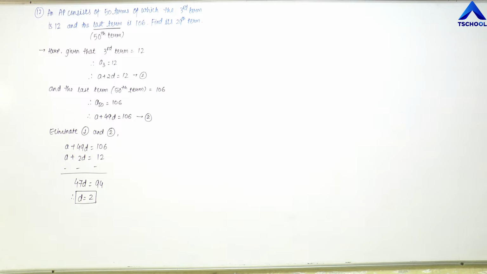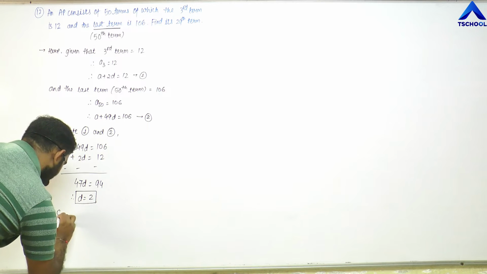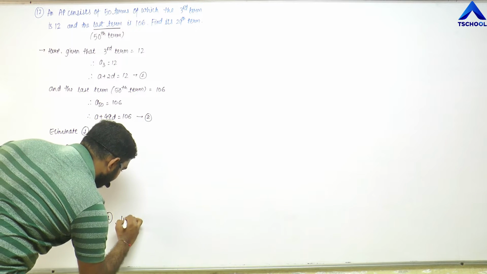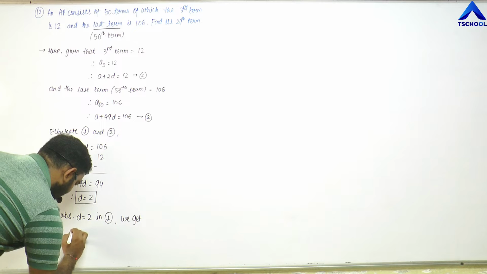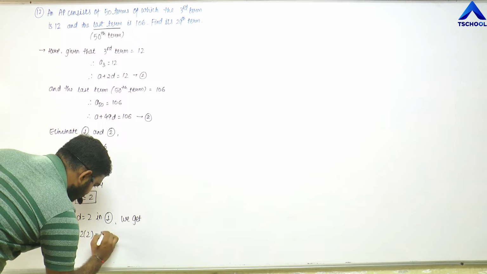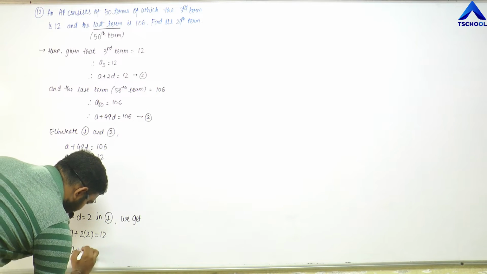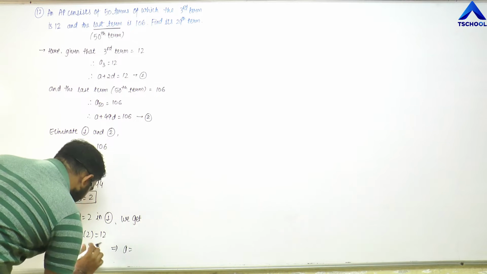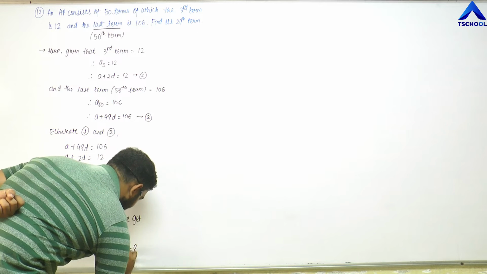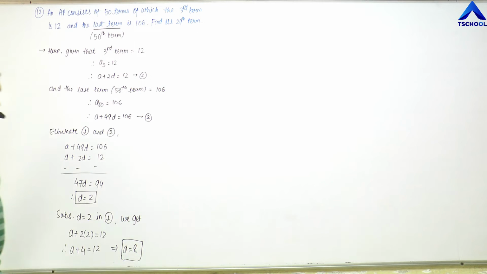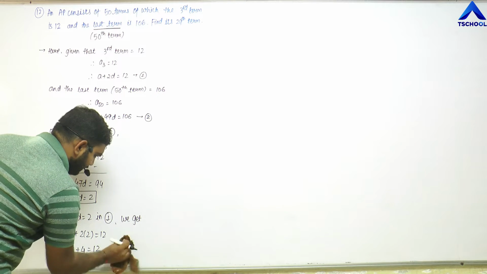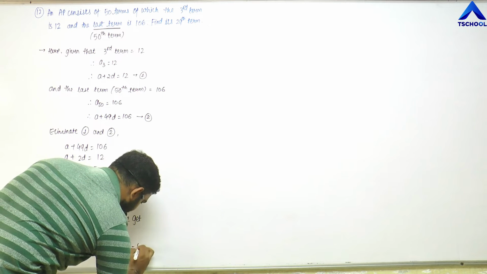Now for finding the 29th term, we will also require the first term. Substitute D equal to 2 in equation 1. We get A plus 2 into 2 is equal to 12. Therefore, A plus 4 is equal to 12, my mistake, that is A is equal to 8, right? So we got the value of A as 8, and hence now we can get the 29th term.